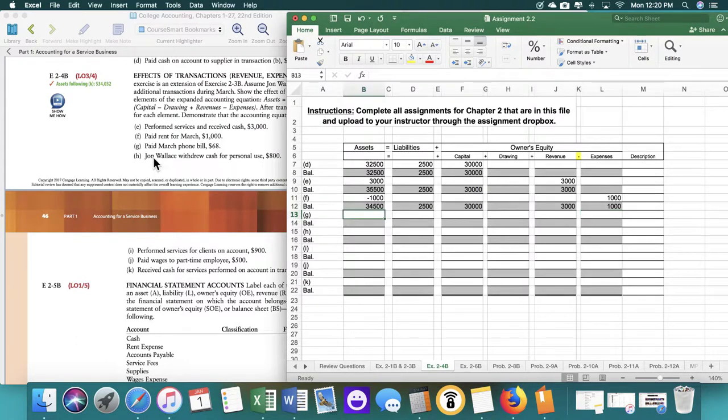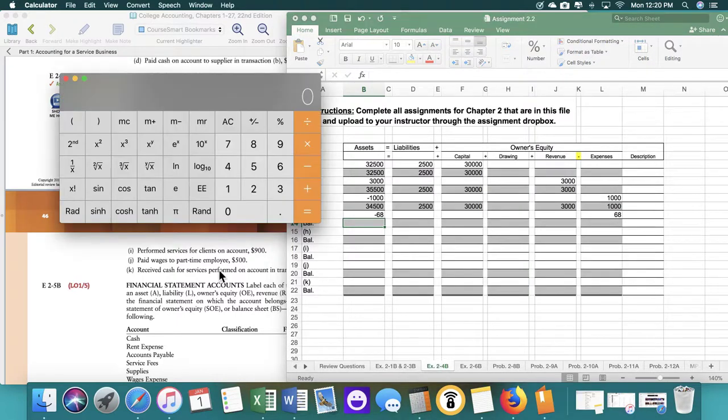Letter G, we paid March phone bill of $68. So we're going to subtract $68 from cash because it does not say on account. And then we're going to increase our expenses by another $68. So we're going to break out the calculator again and make sure we have the math correct. So 34,500 minus $68 gives us 34,432.